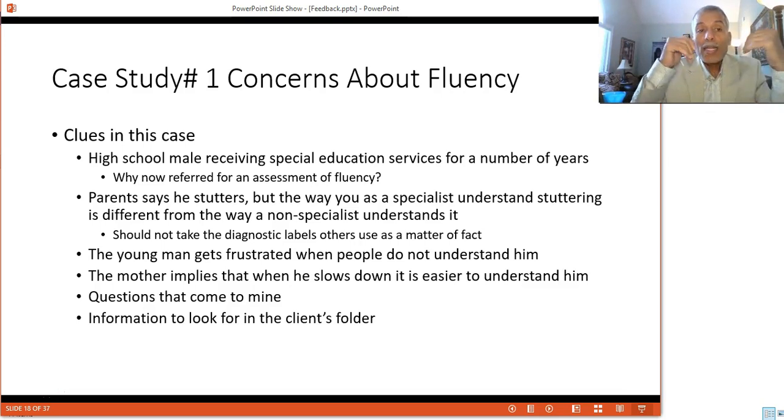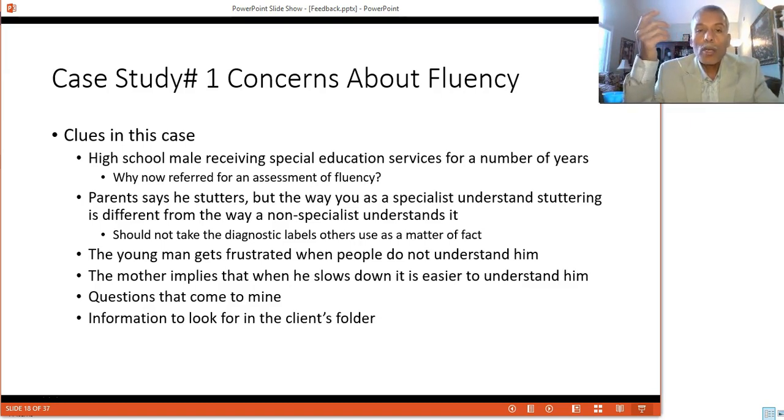Two, why is a 19-year-old, why is a high school person, now referred to you for a concern about fluency? Why now? We know fluency does not start late, it is developmental. Fluency starts as soon as the person begins to speak in phrases and sentences, age 2 years or even 18 months.